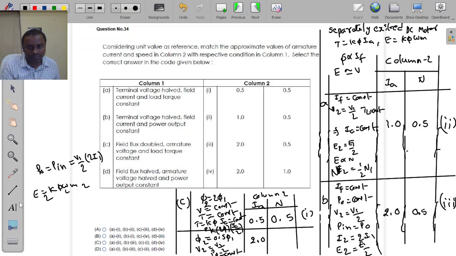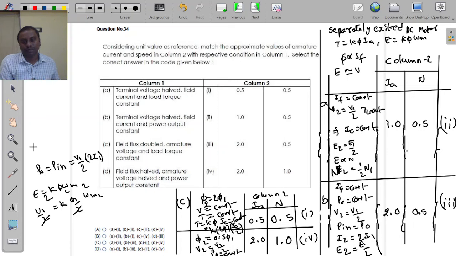E2 is V1 by 2, and phi 2 is phi 1 by 2, so the 2s cancel and omega 2 remains constant. That means speed N2 will become N1, so this will be 1.0. So 2 and 1.0, this is the fourth option.